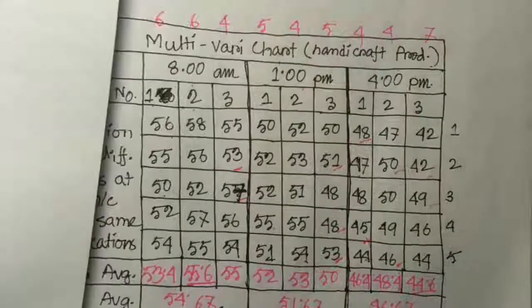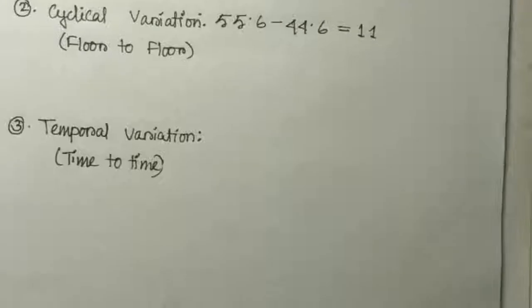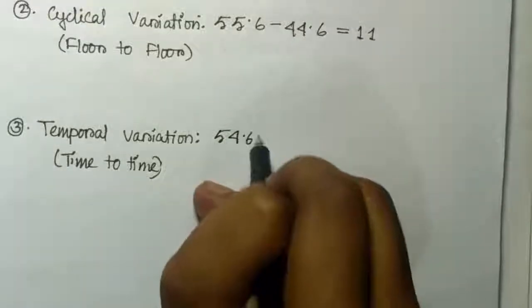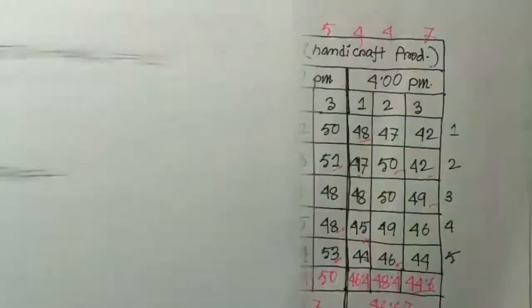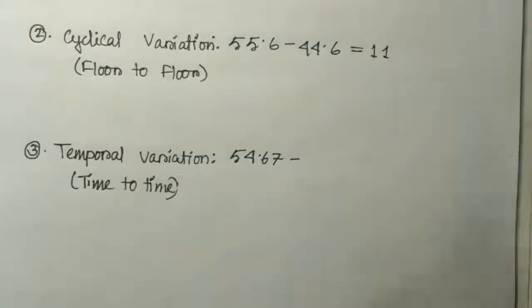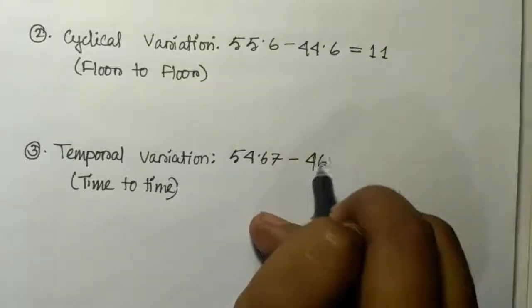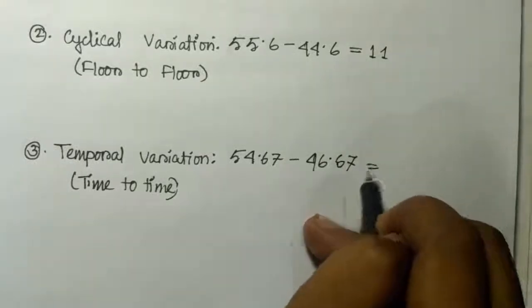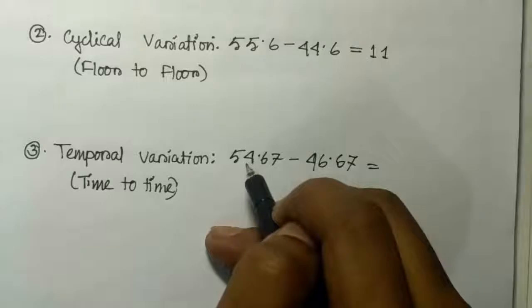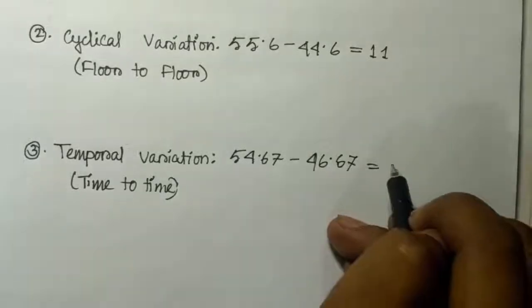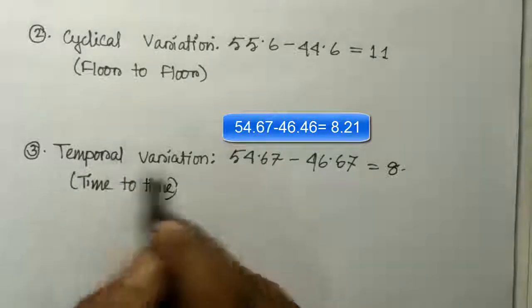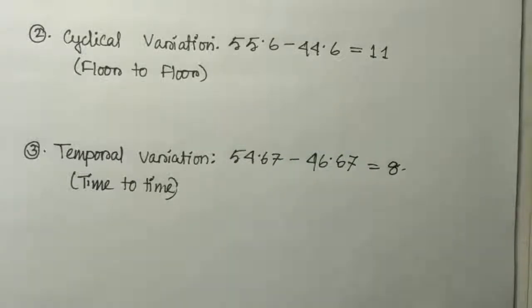So 54.67 minus 46.67 equals 8. And that is the temporal variation.